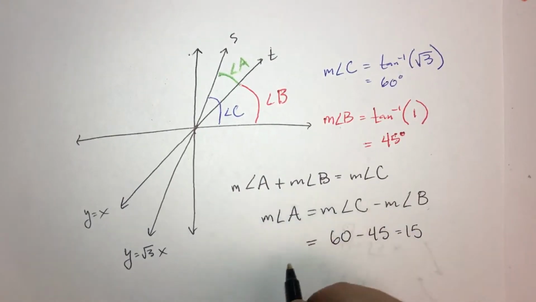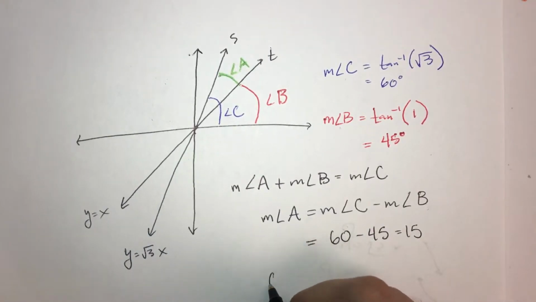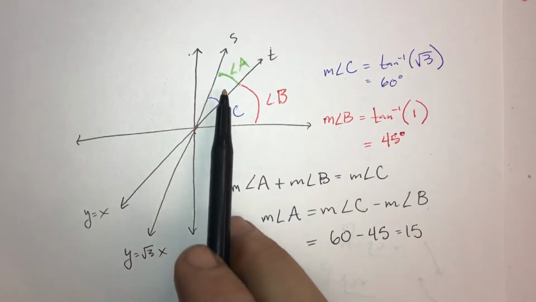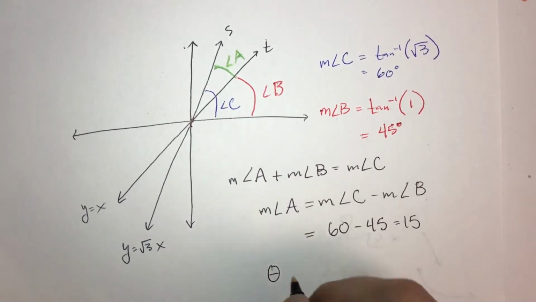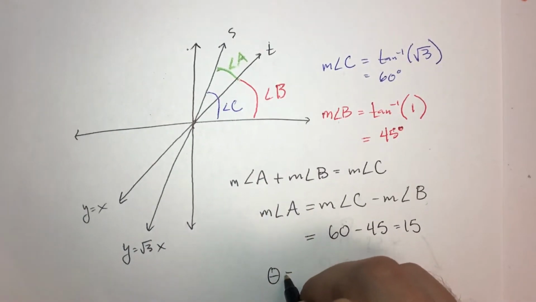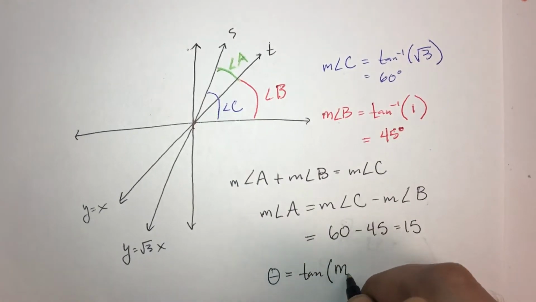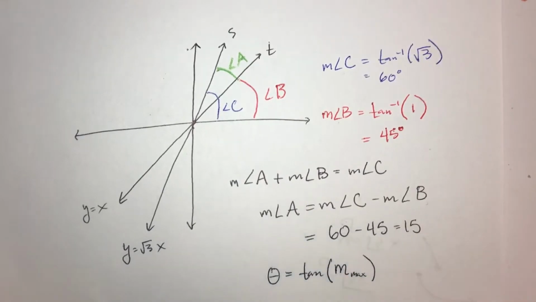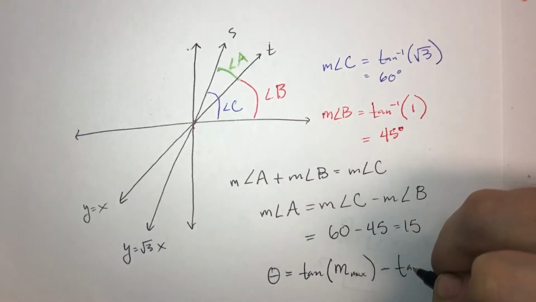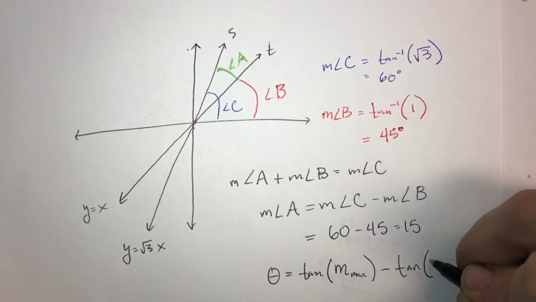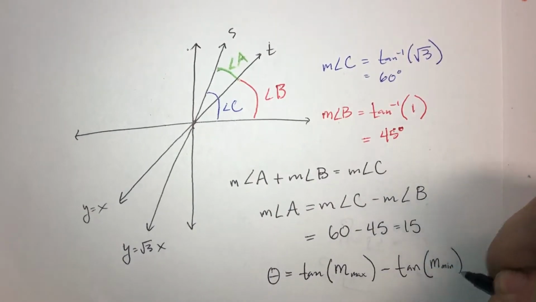Okay, notice that for this formula for lines with positive slopes, we came up with theta, the angle between the two lines, is the tangent of the larger slope, I'll call that m max, minus the tangent of the smaller slope, I'll call that m min.